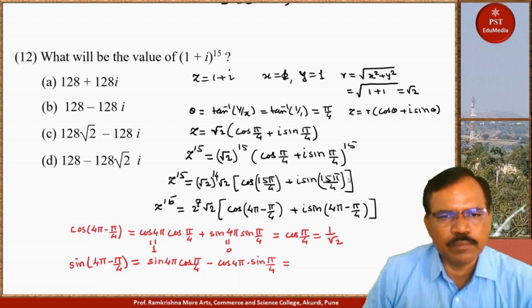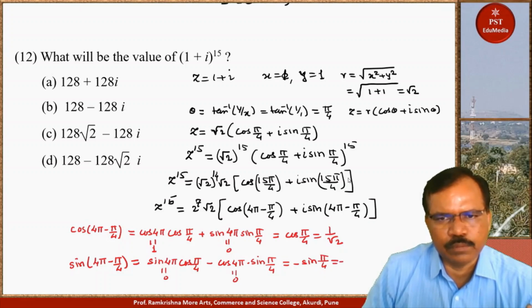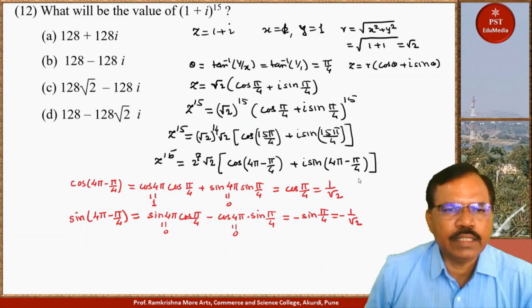Now first term is 0 because sine 4 pi is 0. Here cos 4 pi is 1. So we will get minus sine pi by 4. So it is minus 1 upon root 2.